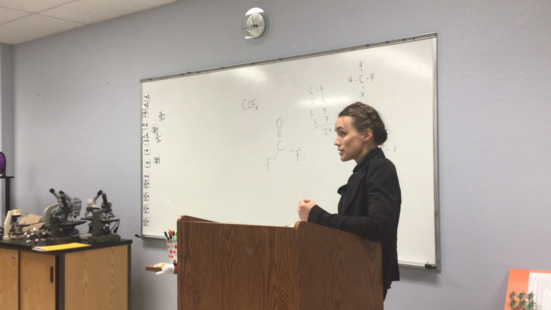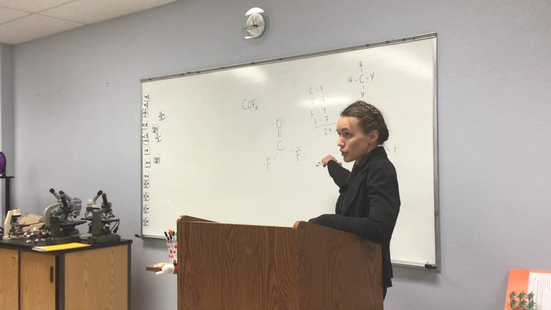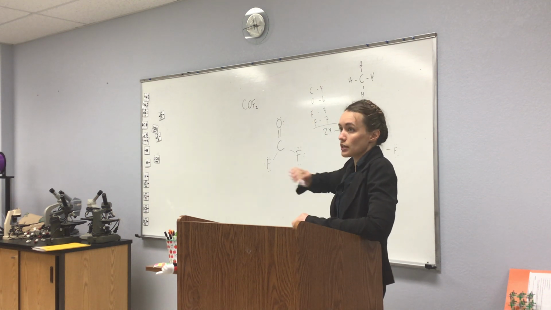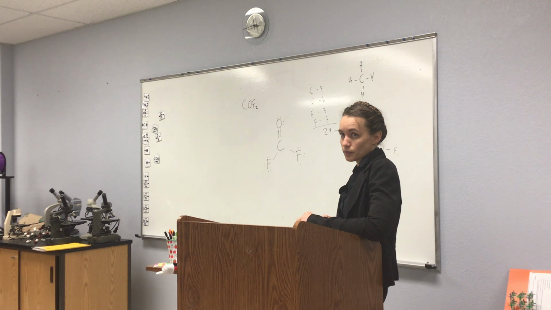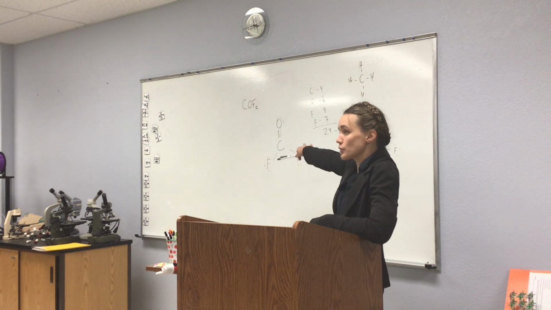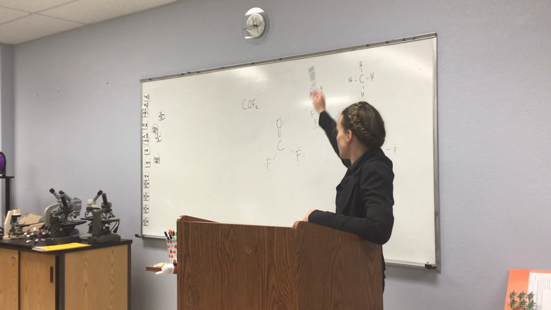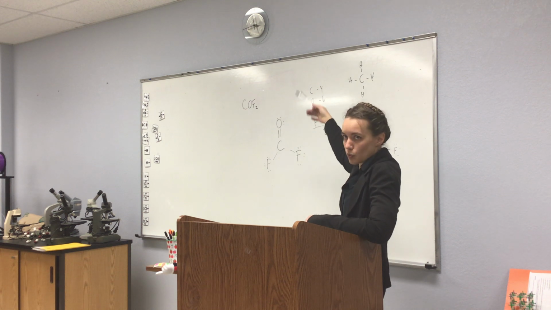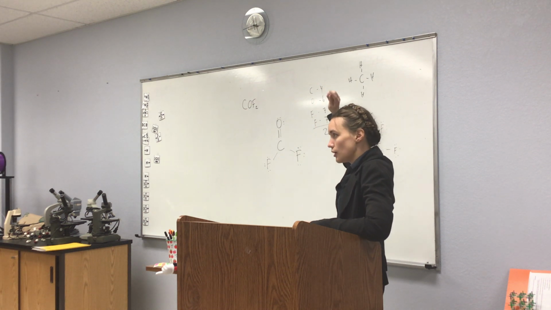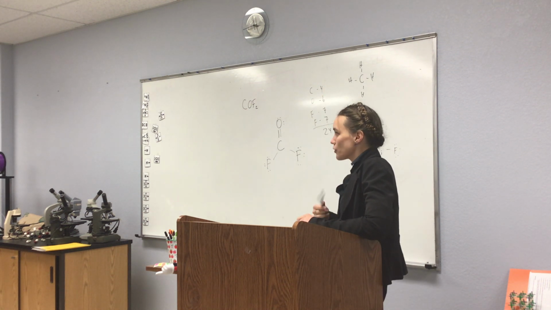There may also be some where I show you the Lewis structure and ask you to identify if it's polar or not. I would not expect you to figure out this Lewis structure on your own because I wouldn't expect you to know that oxygen is more likely to make the double bond. But I would expect you to be able to figure out, is this polar or not? Okay?